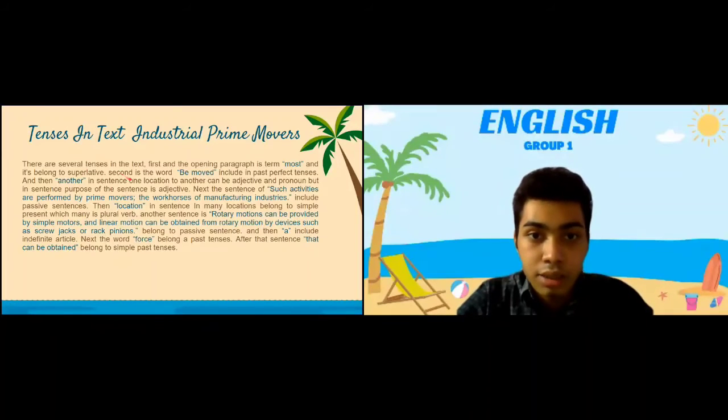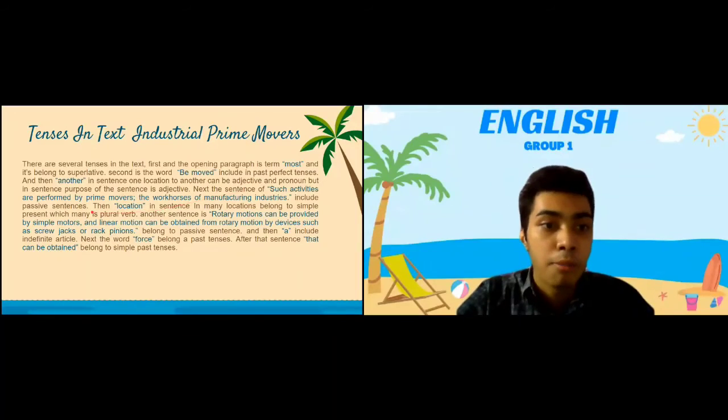Second is the phrase be moved, included in the past perfect tense. And then another, in the sentence one location to another, can be adjective or pronoun, but in this sentence the purpose is adjective.